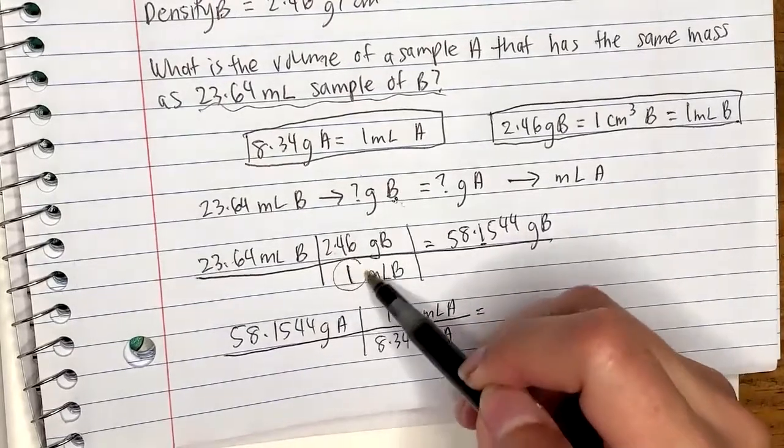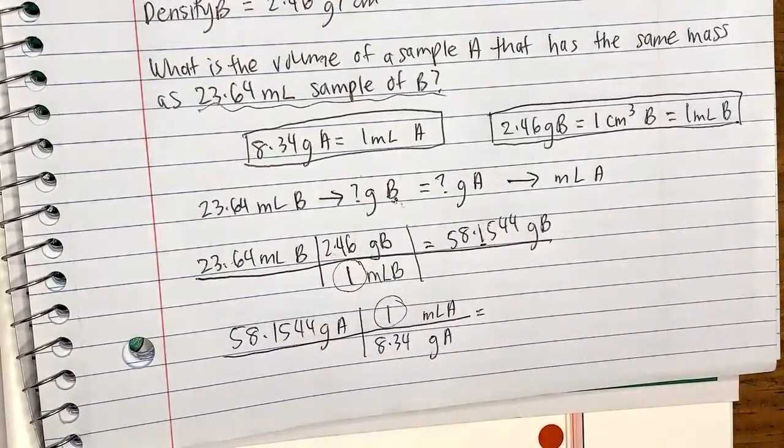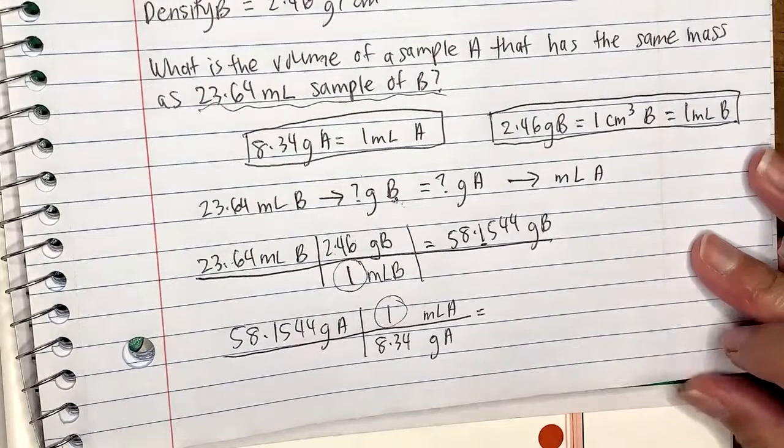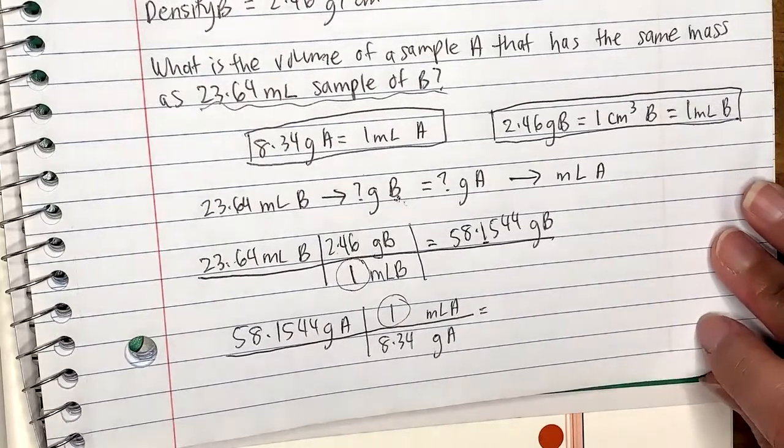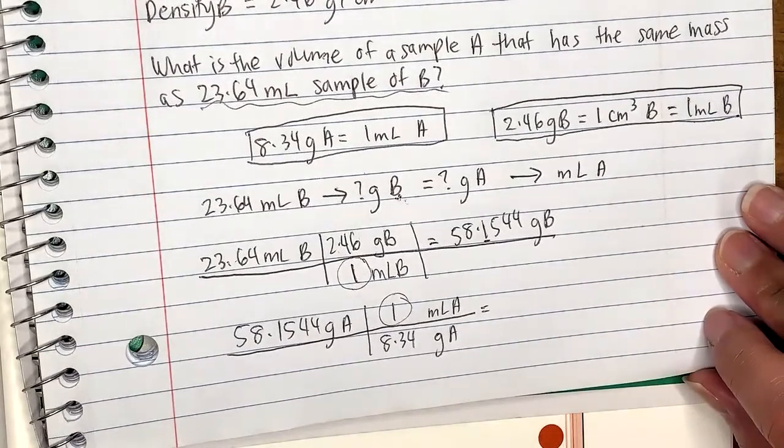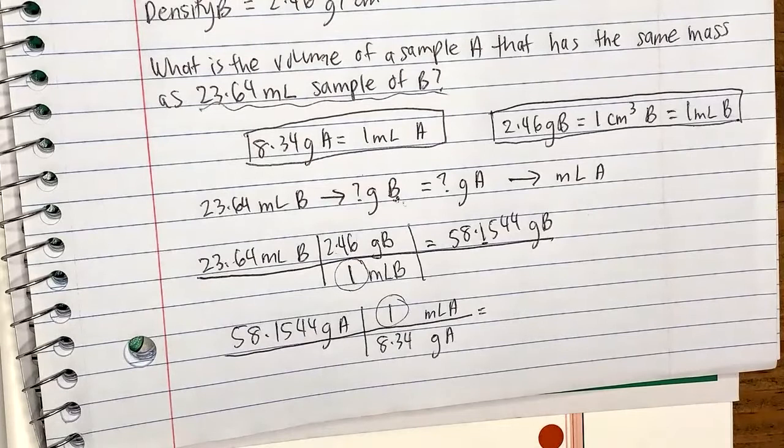This 1 here and that 1 here are exactly 1. When it's exactly 1, whether it's 1.0 or 1.00, it's actually 1.00000 forever. Those are what we call exact numbers. Exact numbers have unlimited sig figs, so we don't consider them in the calculation.